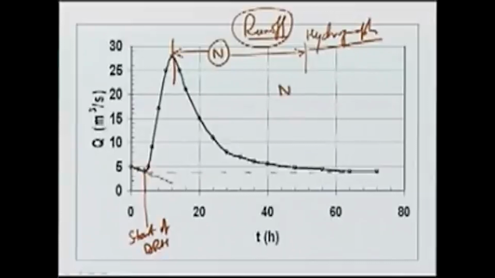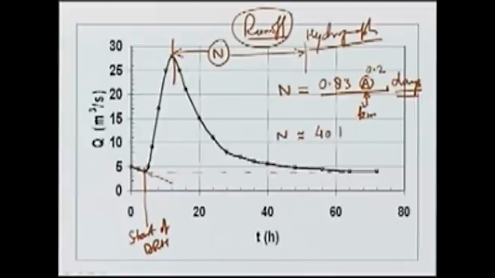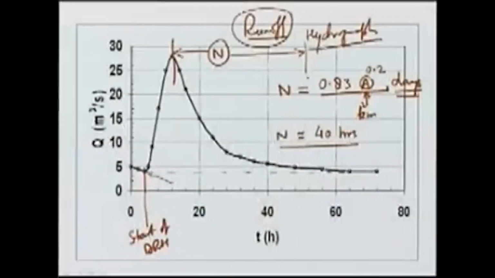The value of n based on various observations has been given as follows: if A is in square kilometers, then n comes out to be in days. So, for an area of 30 square kilometers, we get n as about 40 hours. So, that means the direct runoff will stop 40 hours after the peak. So, in this case we can get some point here which will be 40 hours from the peak.